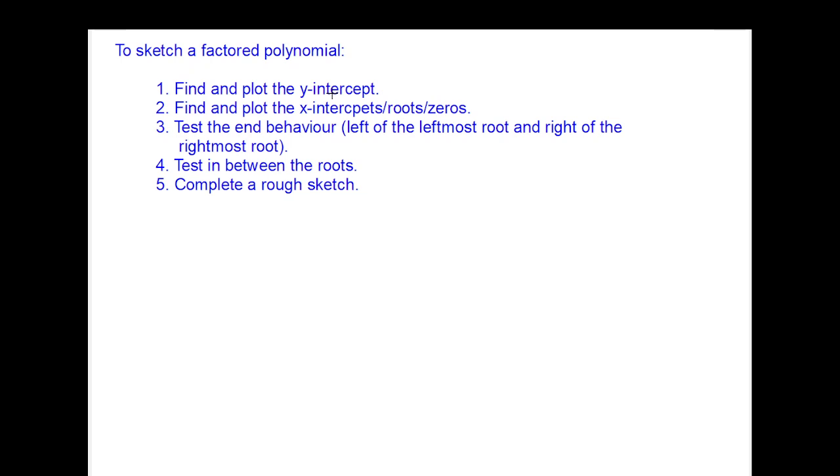Doesn't matter which order you find the intercepts in, but you can find the y-intercept, find the x-intercepts, test the end behavior, so that's to the left of the leftmost root, the right of the rightmost root, test in between all the roots to get a sense of what the graph looks like there, and then complete your rough sketch. So that's how we can graph polynomial functions if they are in factored form.